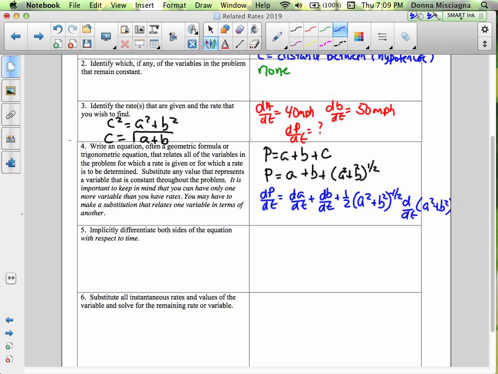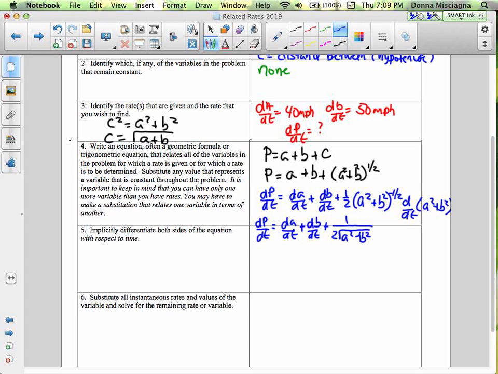So this is a little bit trickier in terms of the derivative. All right, so dP/dt equals dA/dt plus dB/dt plus, and we have 1 over the square root of A squared plus B squared.